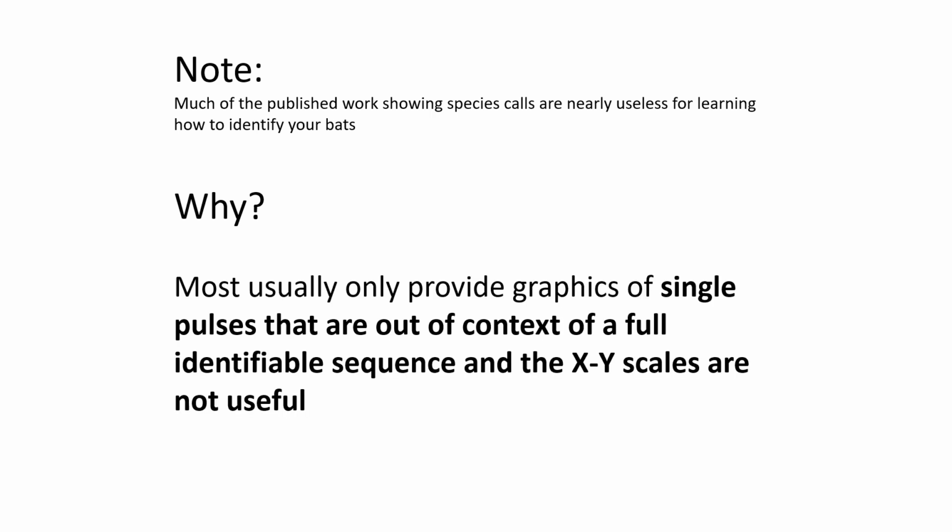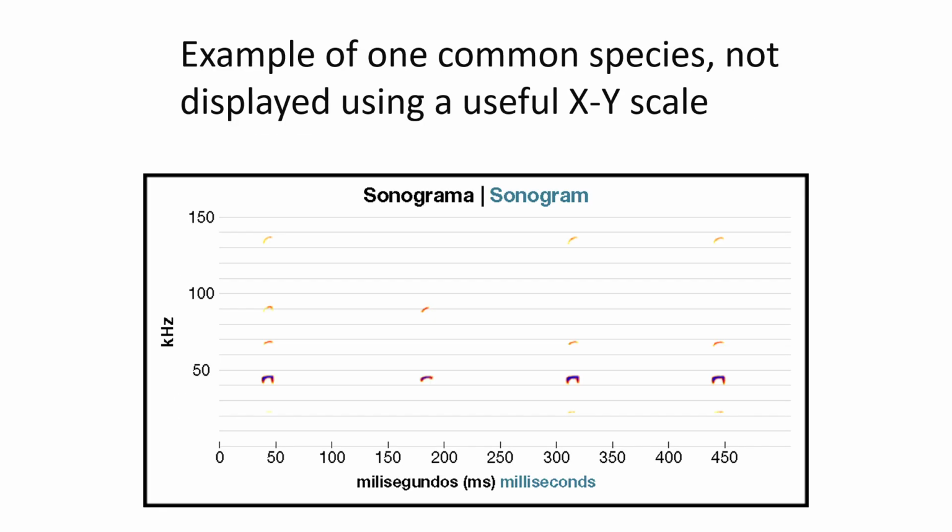Most usually only provide graphics of a single pulse that's out of context of a full identifiable sequence. And the XY scales are not useful. They may be using a linear scale, they may be not using a compressed format, so you're only looking at a single pulse. It's not going to help you very much.